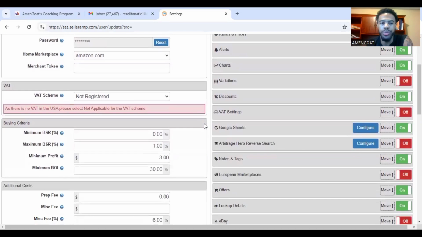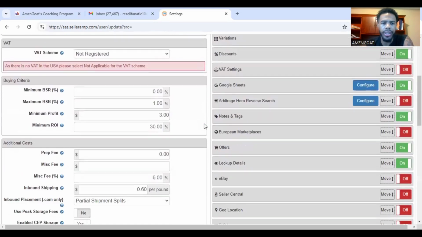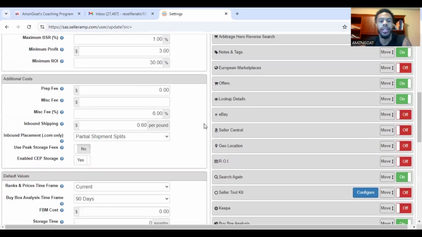And again, if you have a sales tax similar to mine in Georgia, where everything but grocery is 6% and grocery is 2%, depending on the products you're looking at, you want to go back into your SellerAmp settings and change this number if you have to.